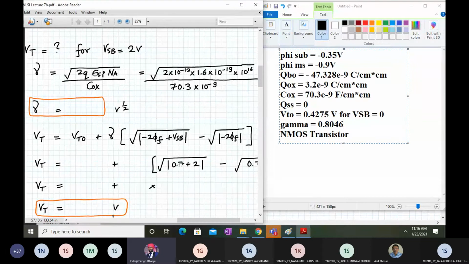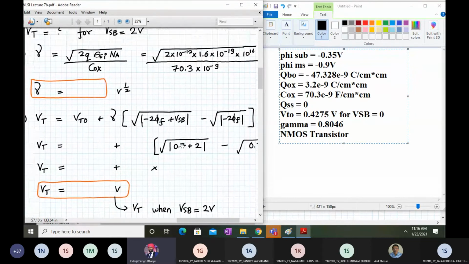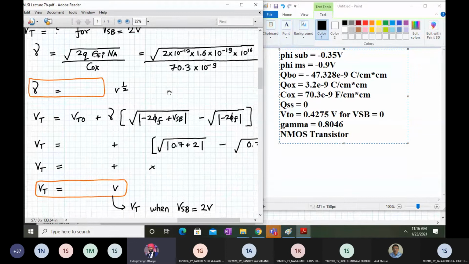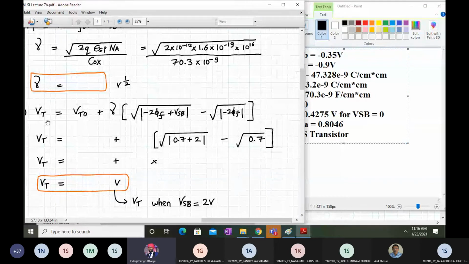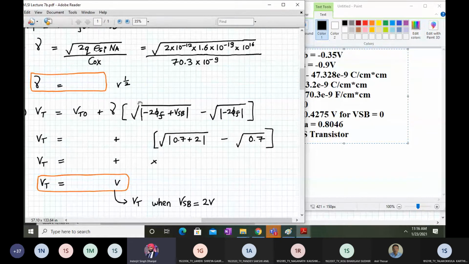Now the last step. You remember we have seen the expression for VT for non-zero substrate bias. Over here the substrate bias is 2 volt. Be very, very careful in this. VT is given by VTO plus gamma times square root of mod of minus twice phi f plus VSB, minus square root of mod of minus 2 phi f.